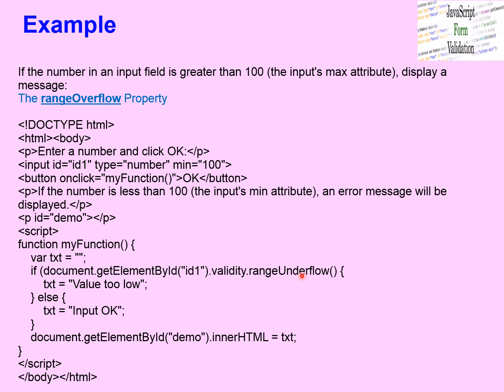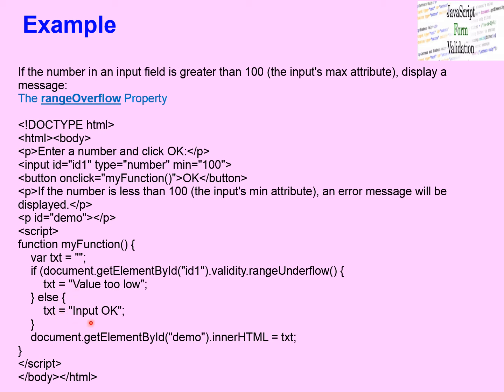If the value is less than the specified minimum value, it produces a true value. That means the condition is true, so the txt variable takes the value "Too low". Otherwise, txt takes the value "Input OK".